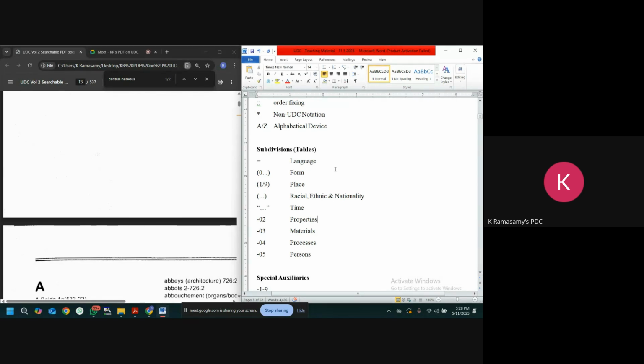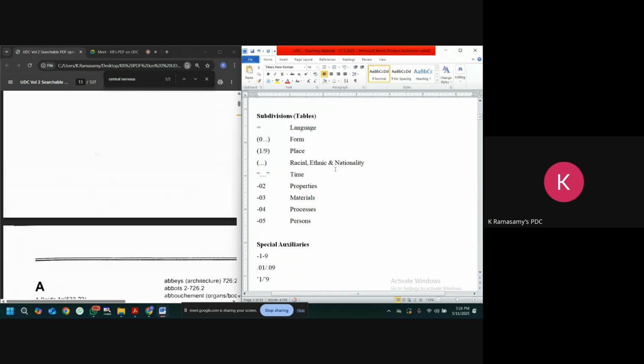So common auxiliaries appear in two different forms: one as a sign that can be used to combine two numbers or to expand a number, and the tables which are available for different purposes. If you want a language, a form of a document, a place, nationality, time or common characteristics, we have tables for all these items.